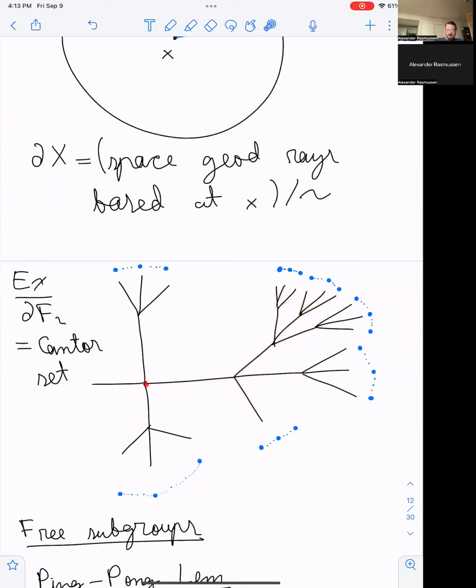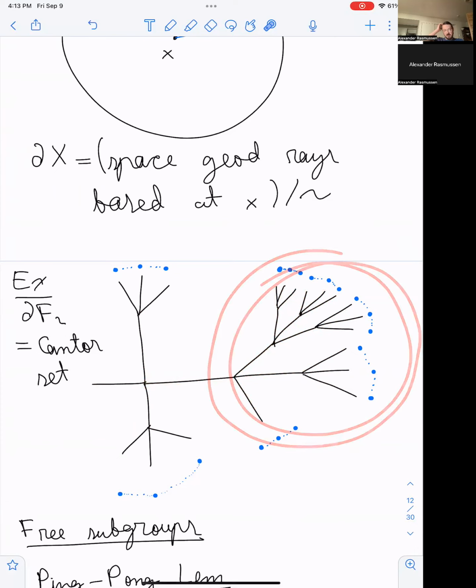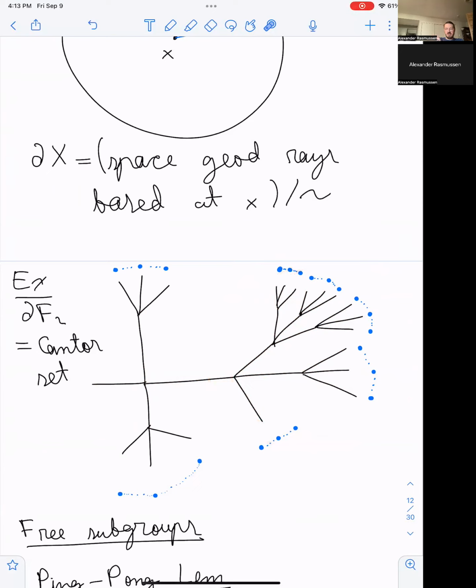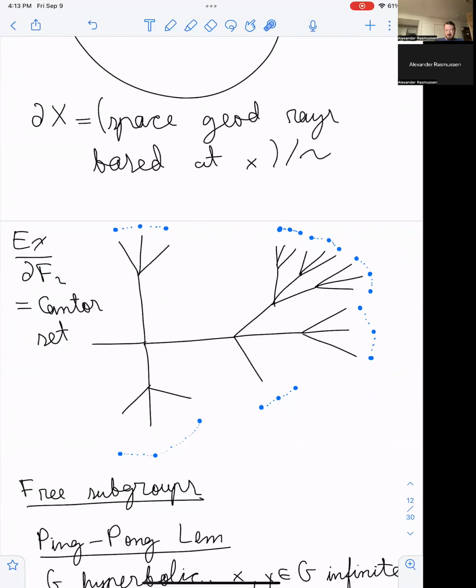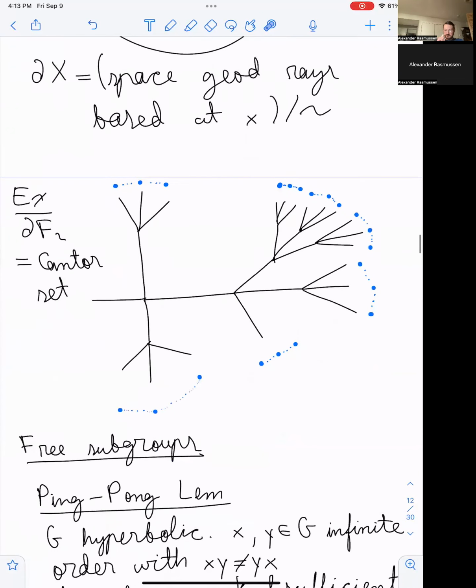So you can think of identifying at least, say, this chunk of the boundary with sequences where each entry is just 1, 2, or 3, for instance. That's a description of a Cantor set. So that's the boundary of this free group.